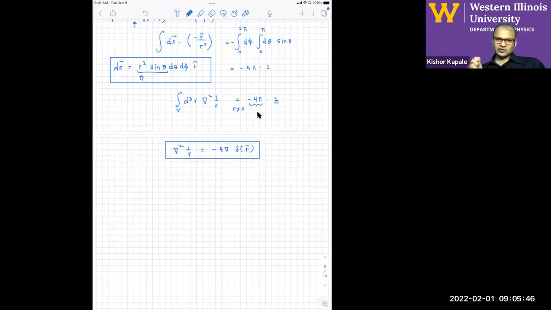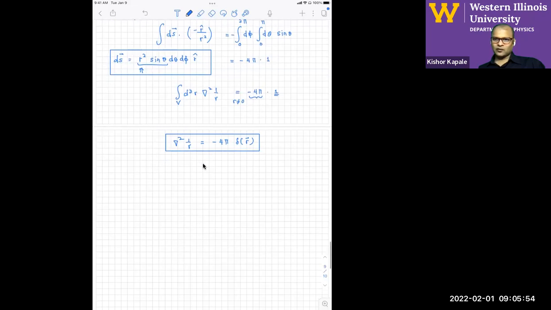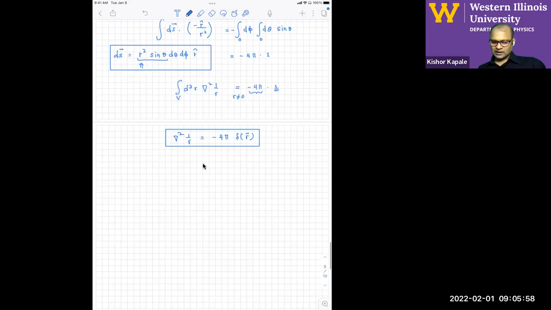We showed that del squared 1 over r also follows both of those properties. It's 0 when r is not equal to 0, and its integral over the whole volume of space is negative 4 pi times what you would expect from a delta function, which is 1. Everybody with me so far?